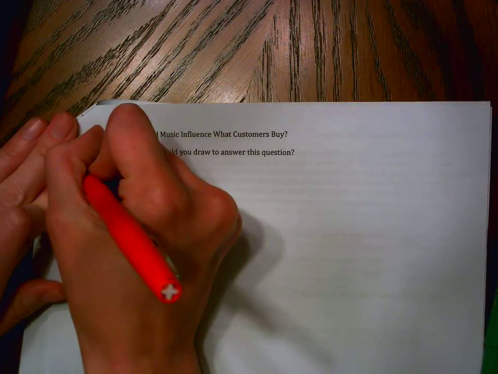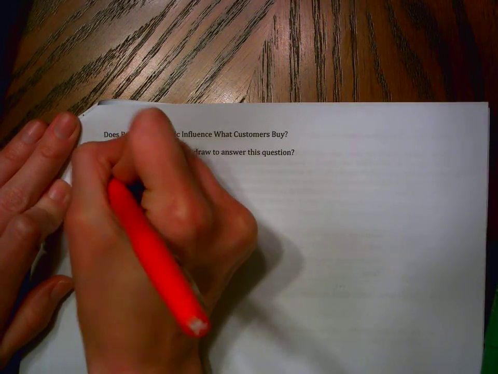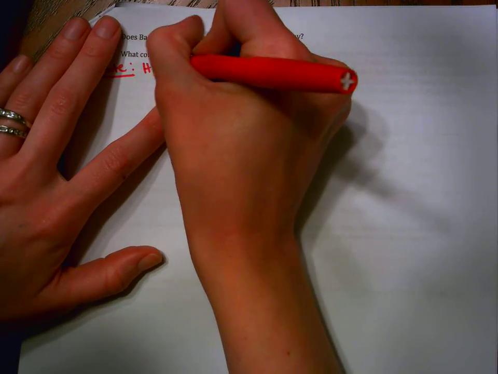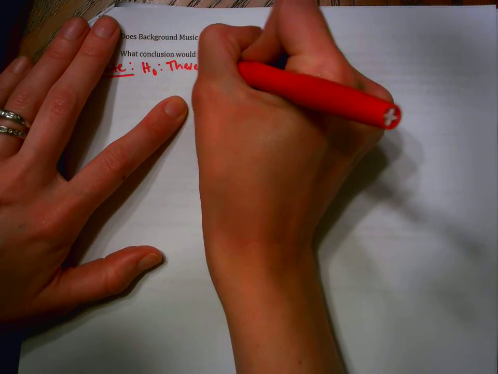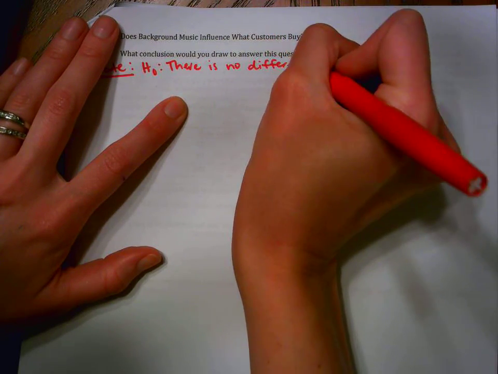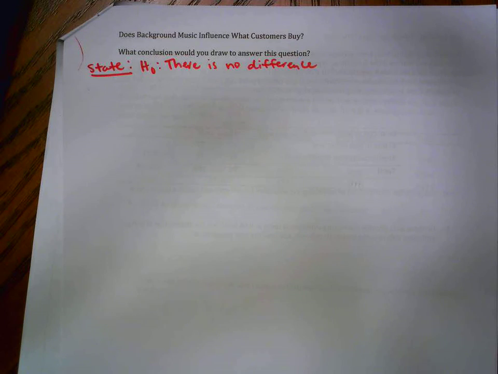So we're going to start with our state. So H0 would be that there is no difference in the distribution of what? Our categorical variable is the entree choice.